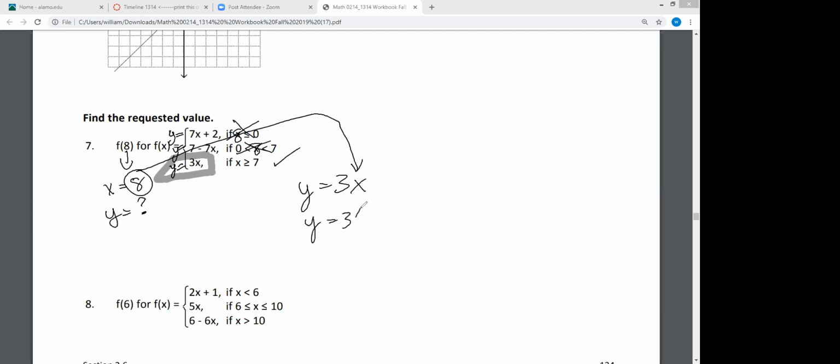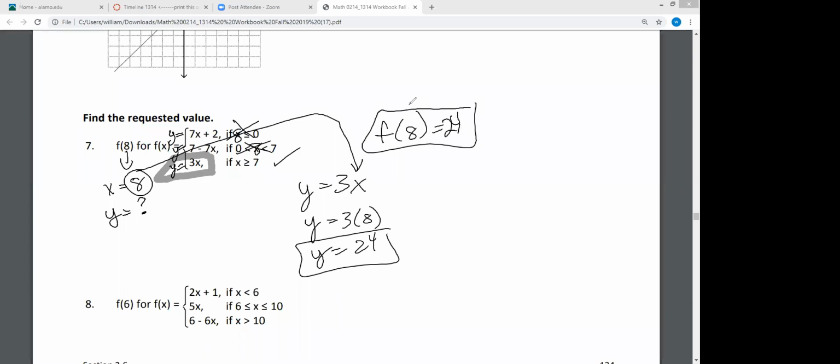Y equals 3 times 8. On my calculator, the answer is 24. So this answer is 24. When x is 8, y is 24. That's it. All this stuff just to do one little thing. So let's try the next one.